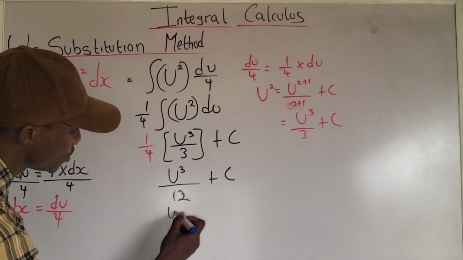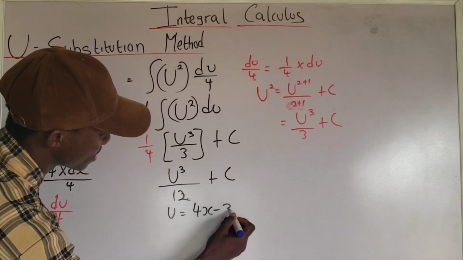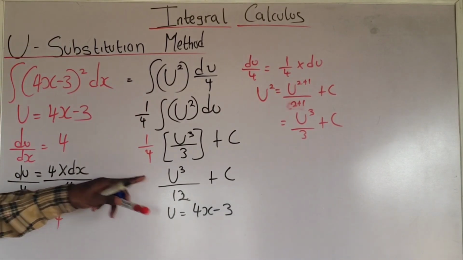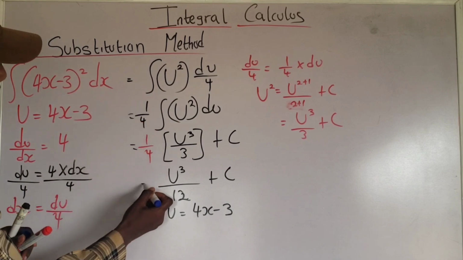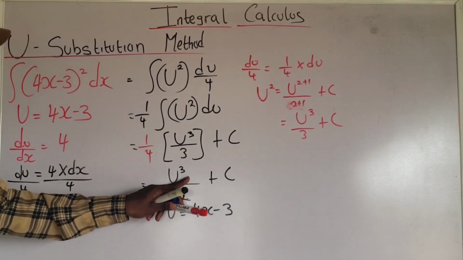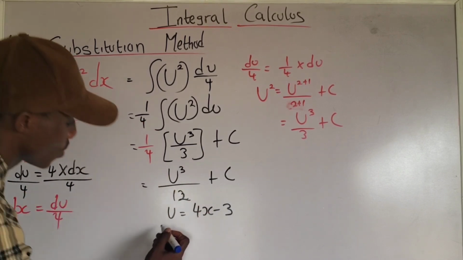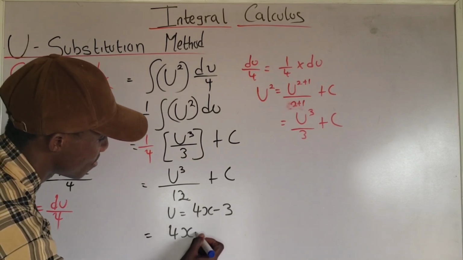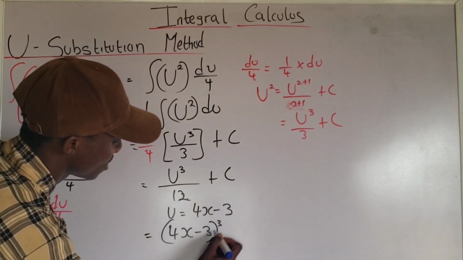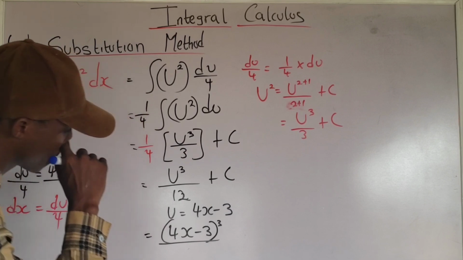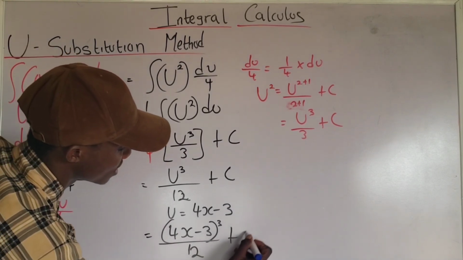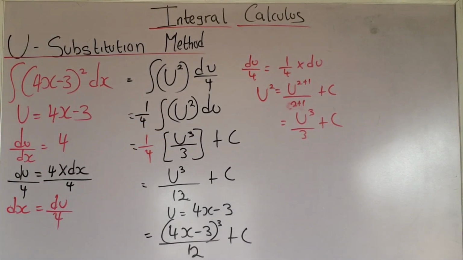So recall that u equals 4x minus 3. Hence, I'm going to substitute u as 4x minus 3 into this equation. So I'm going to have (4x minus 3) raised to the power of 3 all over 12 plus c. Do you understand?